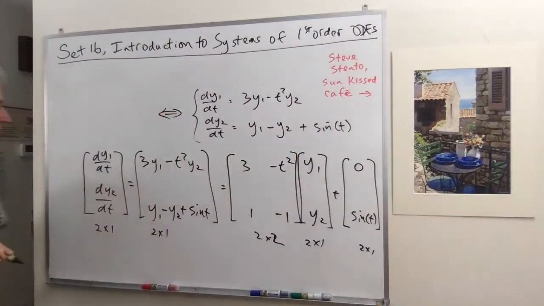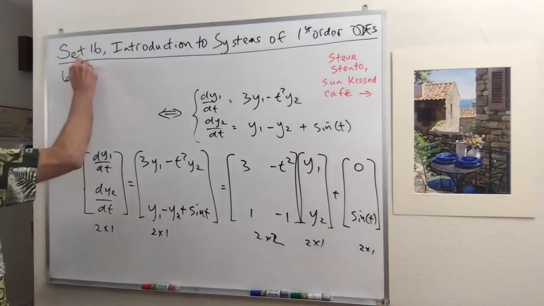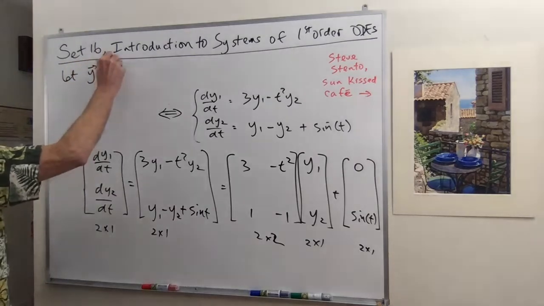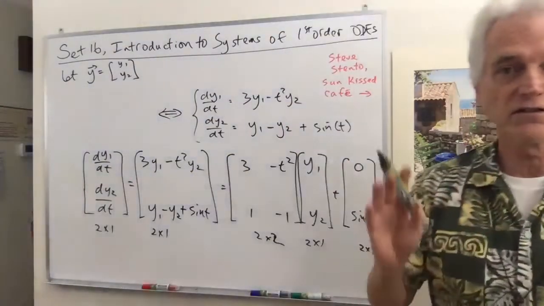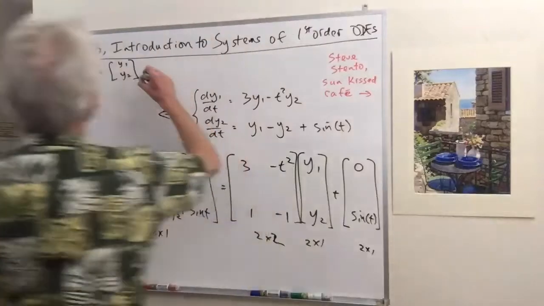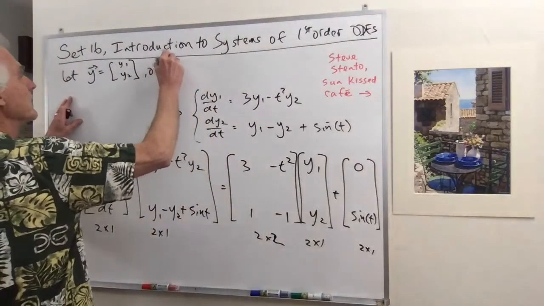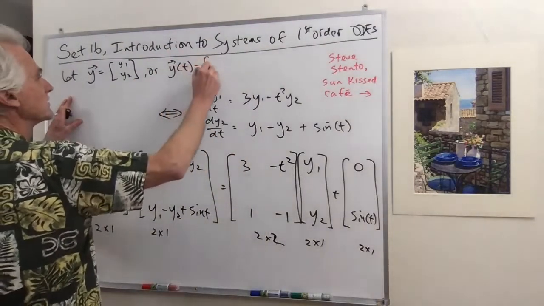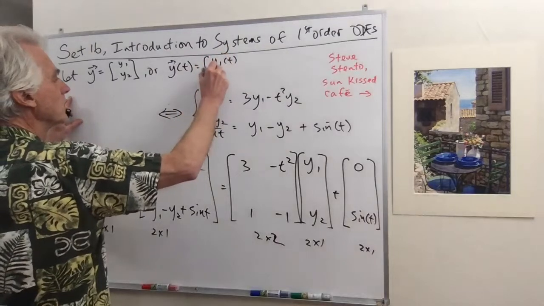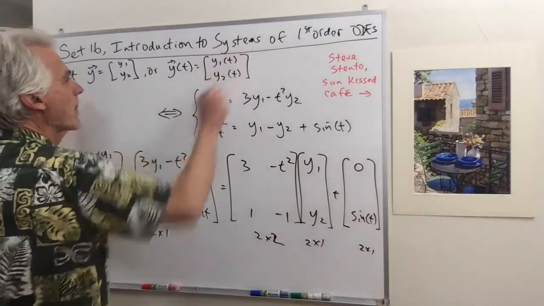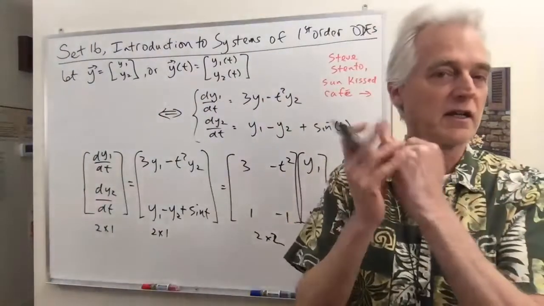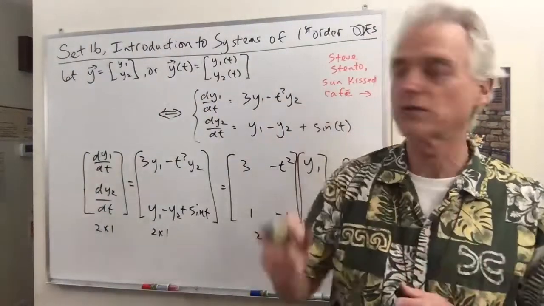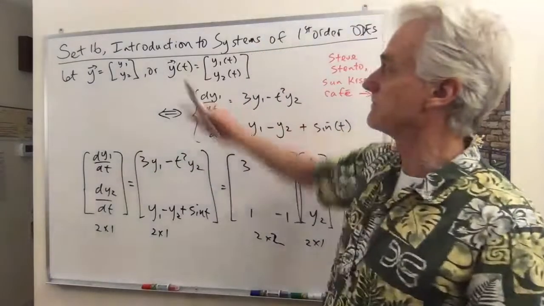What I showed is another way of writing this: I can say let the vector y be y1, y2. And that's actually a vector function. What I really mean is that y of t is the vector y1 of t, y2 of t. So I've got a vector valued function. The input is a number t, the output is a vector y of t.